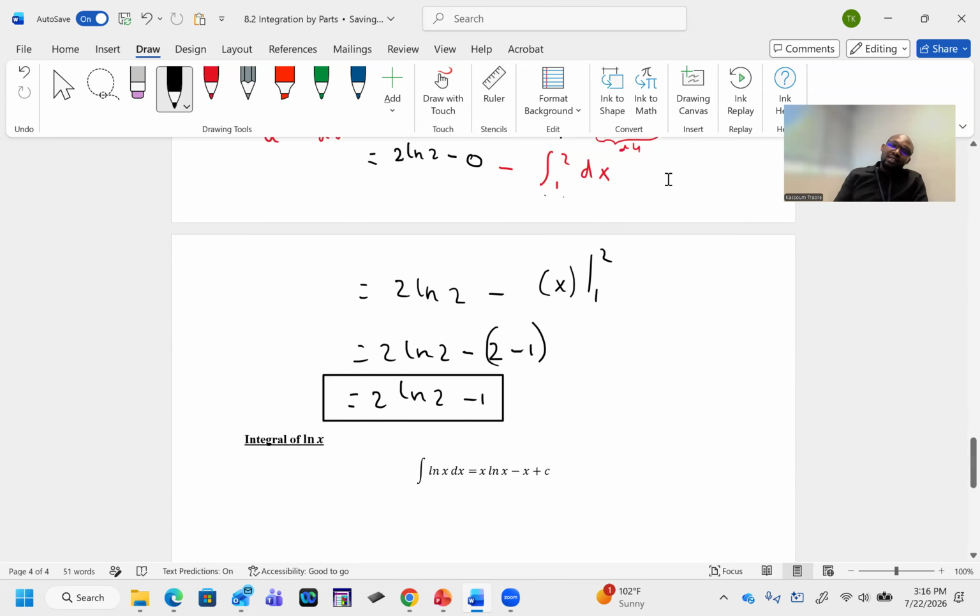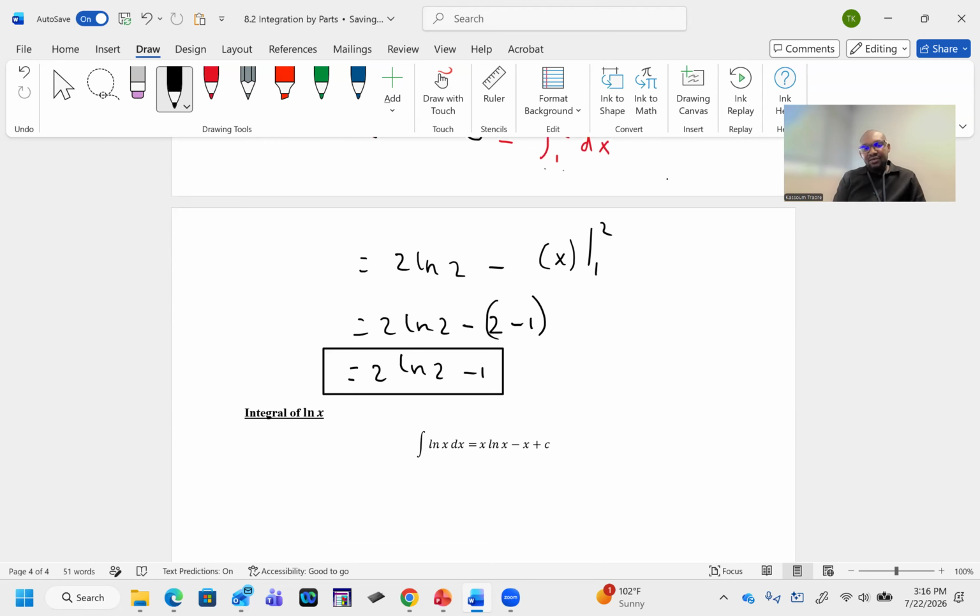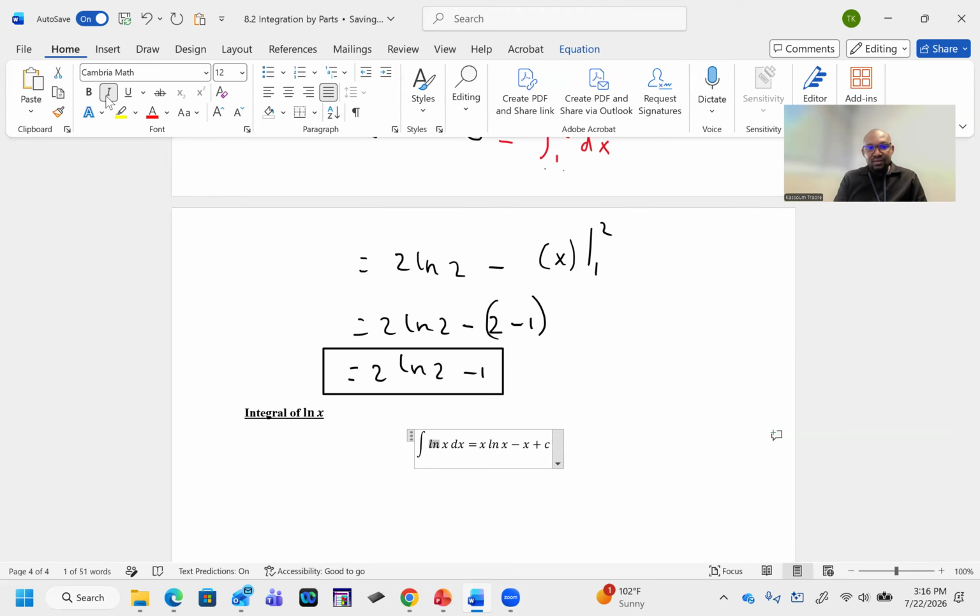So don't forget, you can memorize this one anytime. If you are asked to find the antiderivative of ln x dx, just know your answer will always be x times ln x minus x plus c.